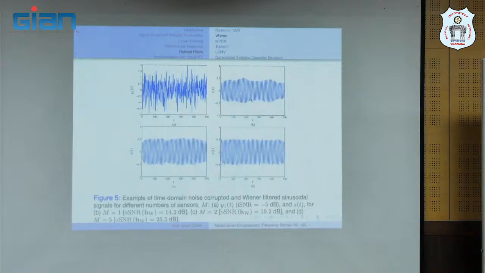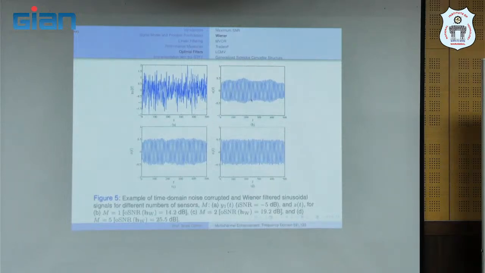In this realization, this is the time domain signal in the reference sensor. This is the noisy signal. This is the estimate of the desired signal by using a single sensor. This is using 2 sensors, and this is using 5 sensors.